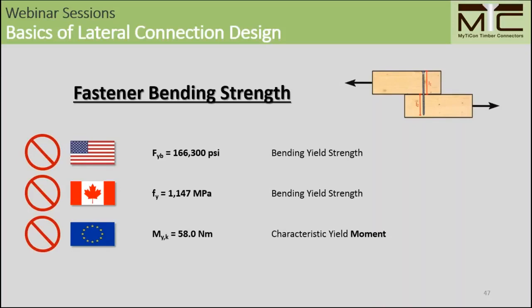We really have to test those with the American standard test methods. And having a characteristic yield moment from a European technical approval does not mean we can guesstimate a bending yield strength for the use in the yield limit equations in the NDS. We really need to test those values. There's a couple of approximations given in the NDS, but testing is always better than guessing.